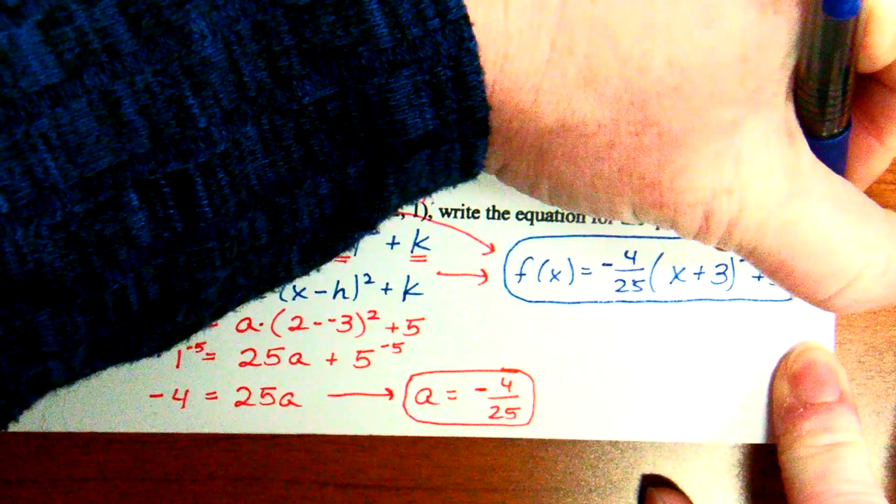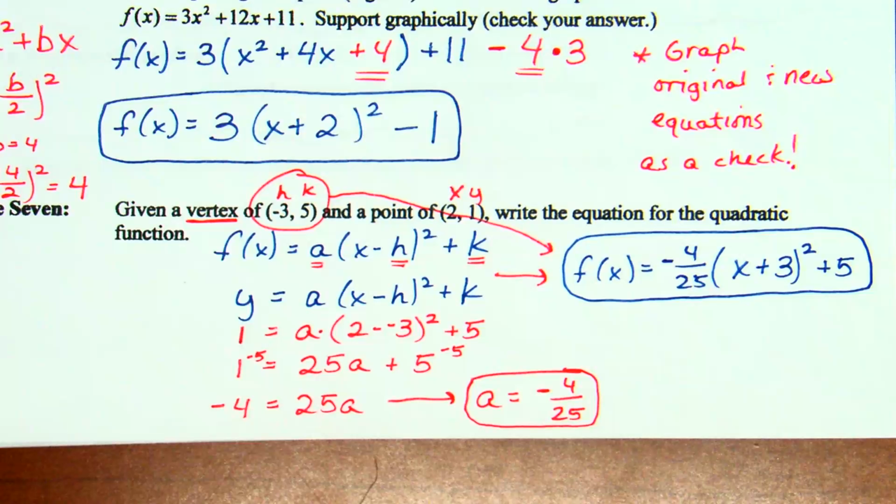So there is your final vertex form. So we just use that x and y to find our A. Yes, the x and y are just used to find A, and then you're done with them.